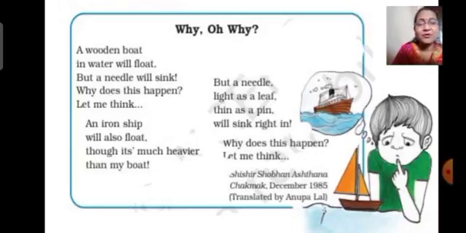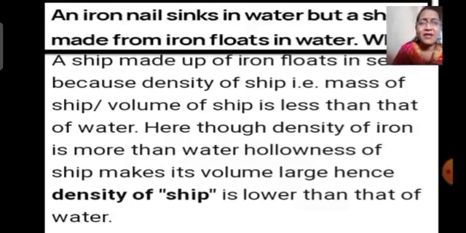Here children, in this poem, the poet is describing a child who is asking questions to himself, that an iron nail sinks in water, but the ship which is made from iron floats in water. What is the reason? Here the reason is a ship made up of iron floats in sea because the density of ship, that is mass over volume of ship, is less than that of water.